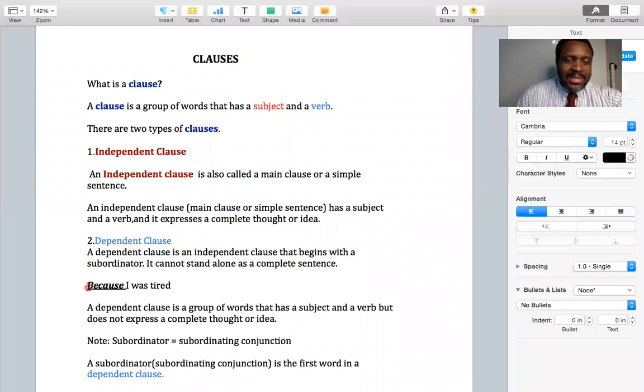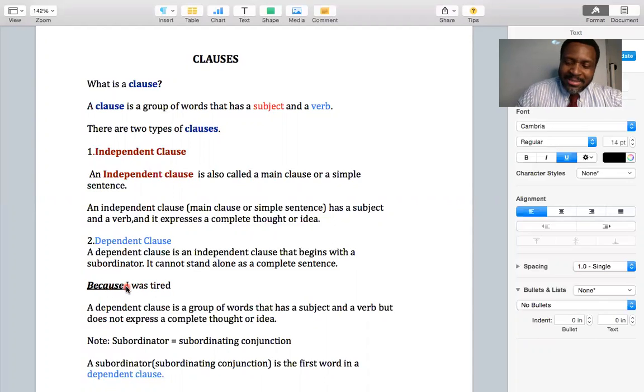Now, take a look at this group of words. Because I was tired. Because is a subordinator, so this is not a complete sentence.